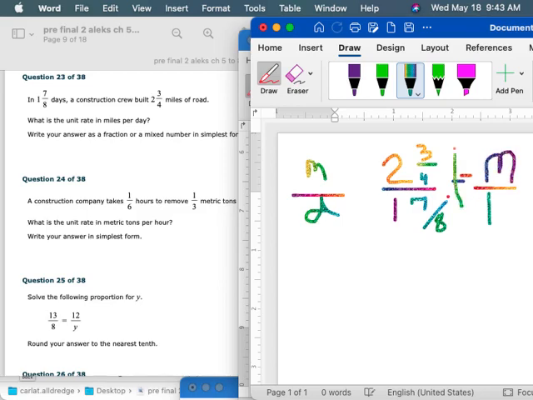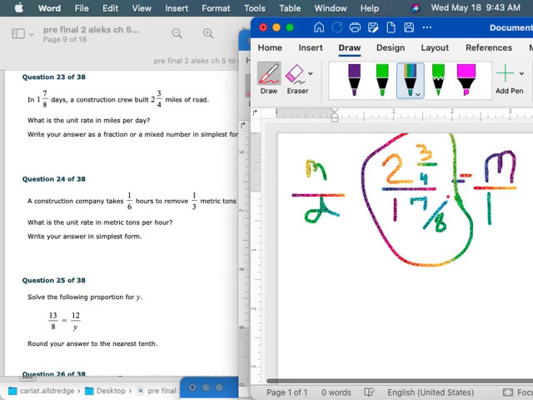So don't we just have to do this division? So what happens when we're dividing a fraction by a fraction? First we have to do what? Improper fraction, 8 times 4 is 8 plus 3 is 11 fourths. Divided by, what is 1 7/8 going to be when we turn it into an improper fraction?